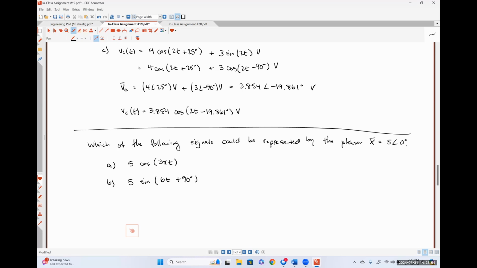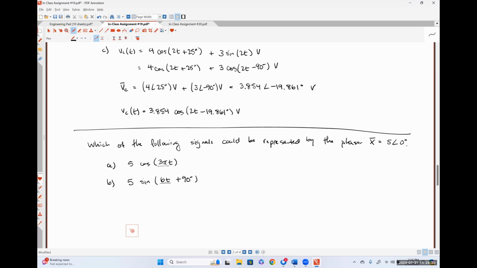But both of these would be represented by a phasor of 5 angle 0, even though their angular frequencies are very different. So 3 pi is definitely not equal to 6. So that is one of the potential drawbacks of working in the frequency domain, is that we kind of throw away that dependency on the angular frequency.